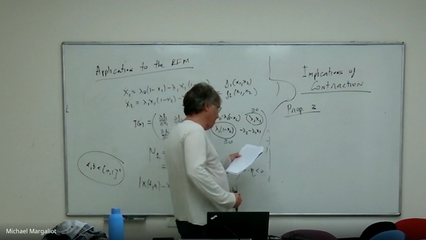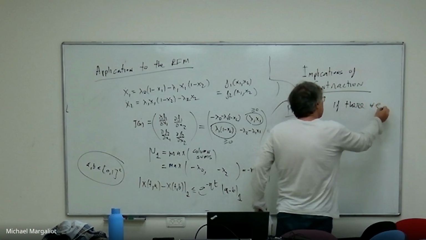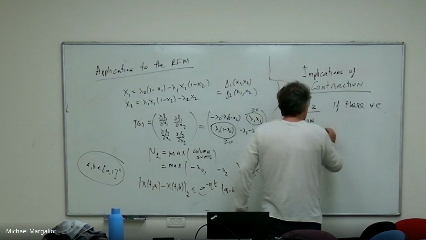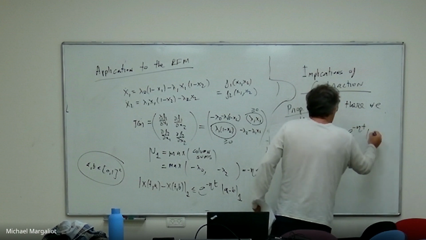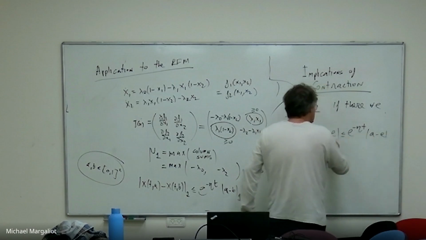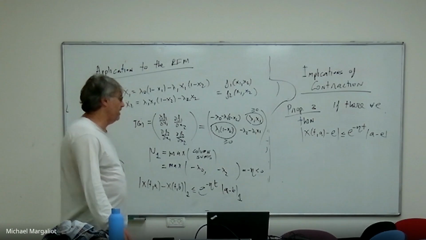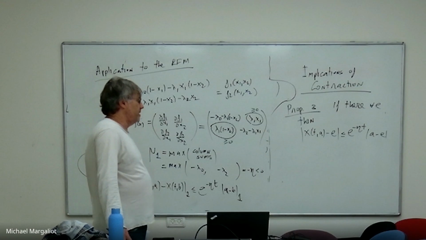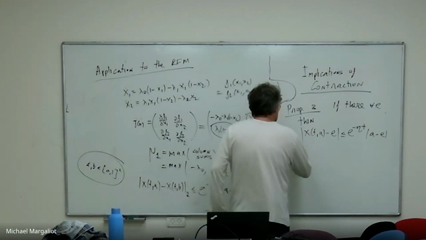This says the following: if there exists an equilibrium E in a contractive system, then every solution, this is the solution emanating from some initial condition A, evaluated at time t, converges at an exponential rate to the equilibrium. And the proof is very simple.